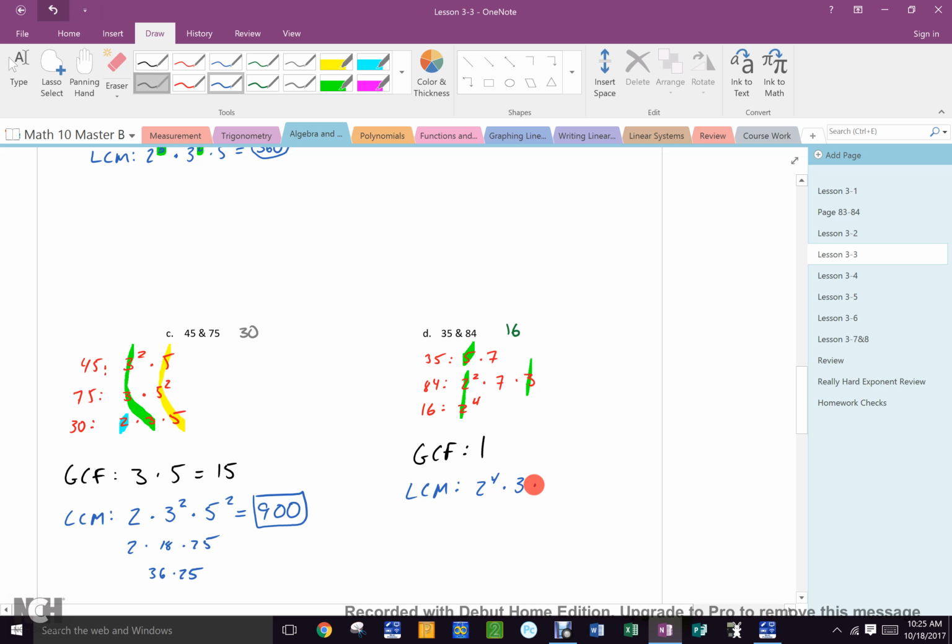How many 5's do I need? 1. How many 7's do I need? 1. 16 times 3 times 5 times 7. 16 times 3 is 48. 48 times 5 is 240. 240 times 7 is 1680, I believe.